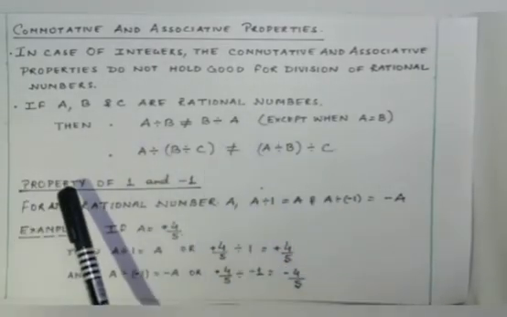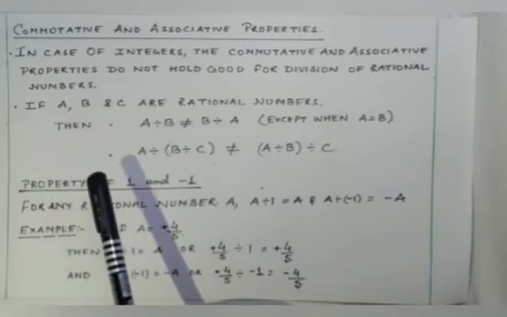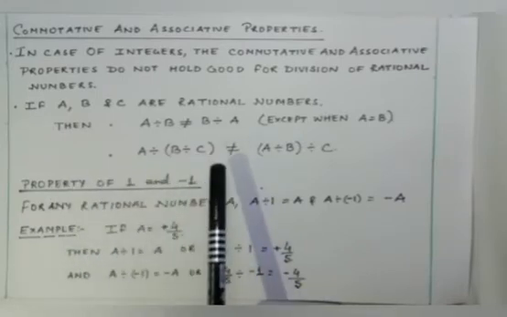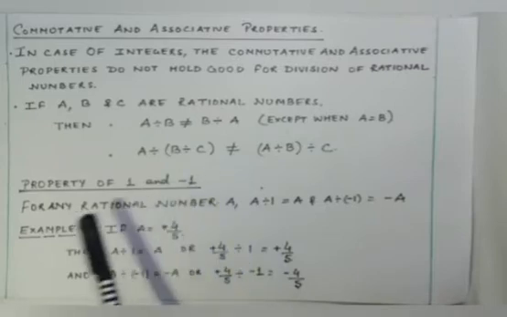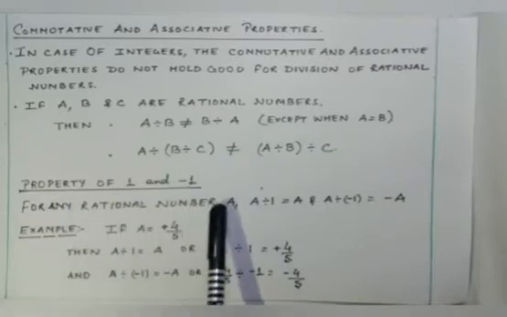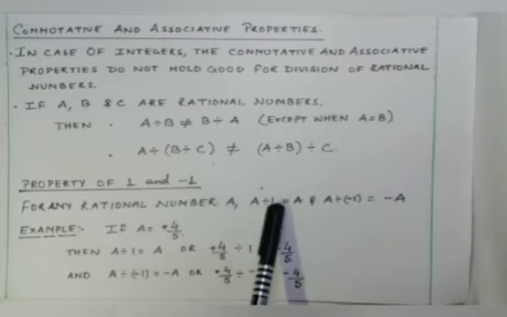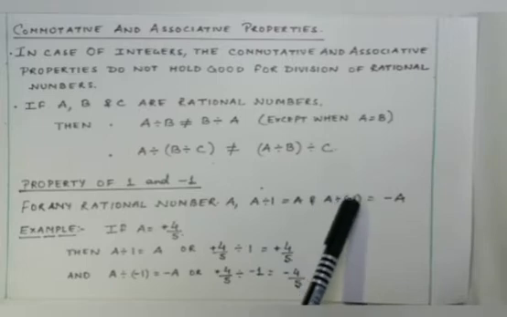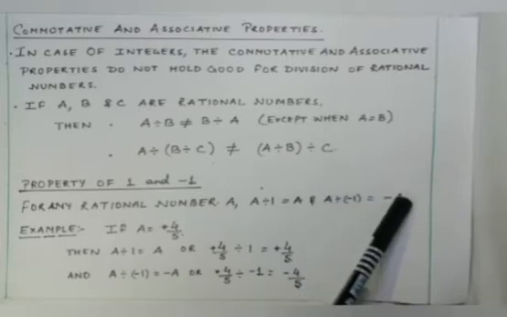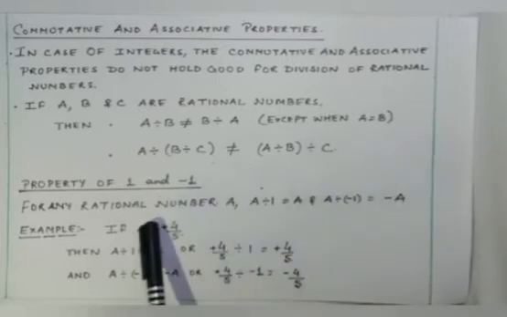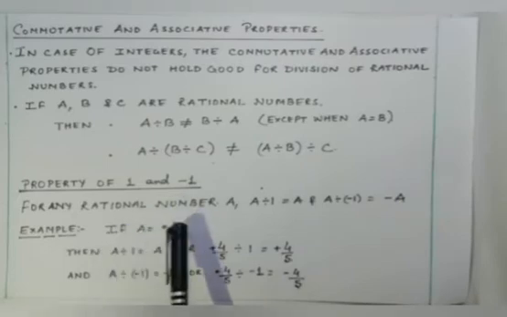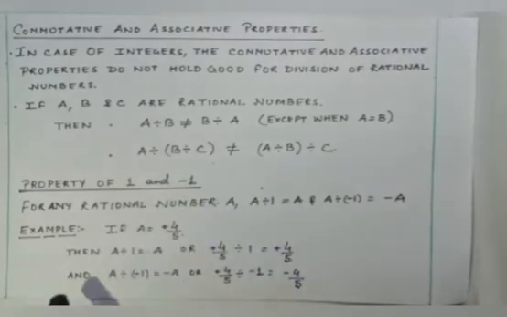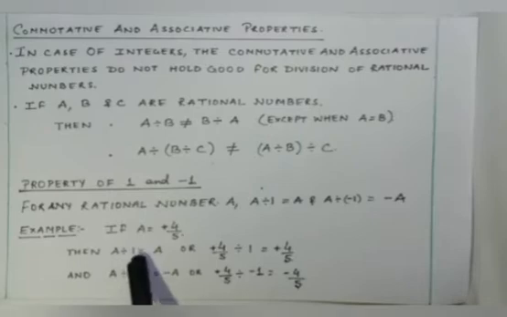Let us come to another property, that is property of 1 and minus 1. What it says, for any rational number A, A divided by 1 is equal to A, and A divided by minus 1 is equal to minus A. Let us take an example. If A is equal to plus 4 upon 5, then A divided by 1 is equal to A according to the property.